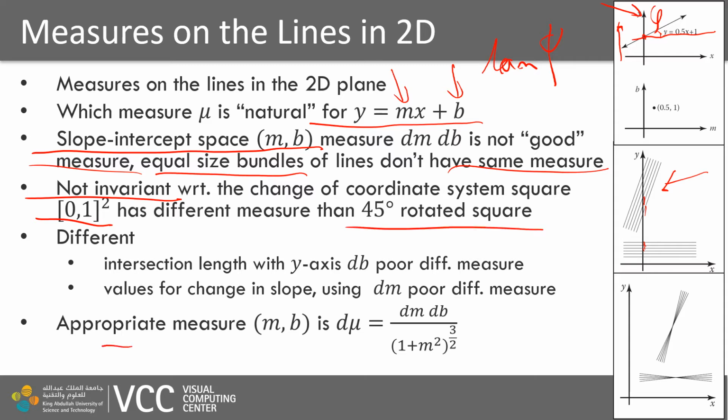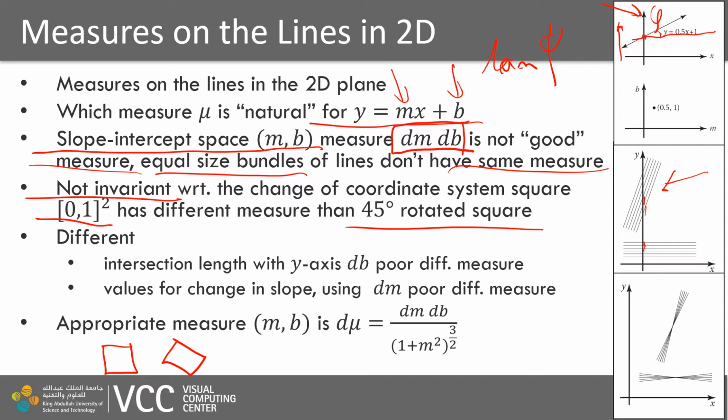So whether it is such a square or such a square, we should have the same value of a measure. So dBdm as a measure is not a good measure of lines, but it could be corrected.